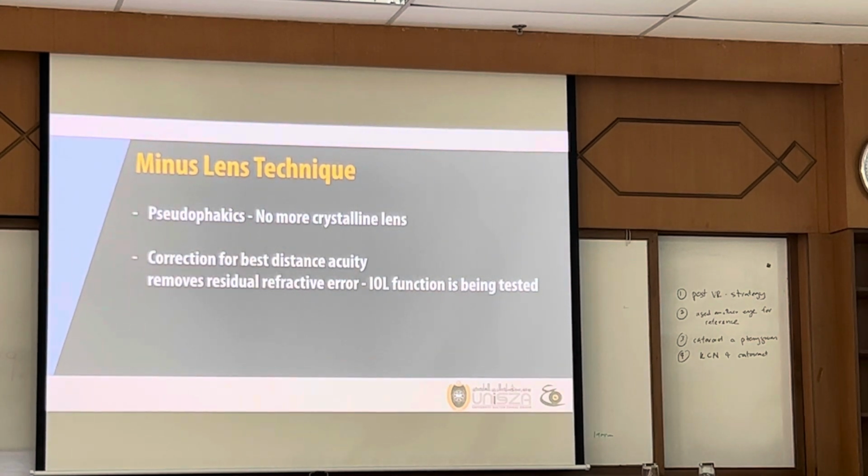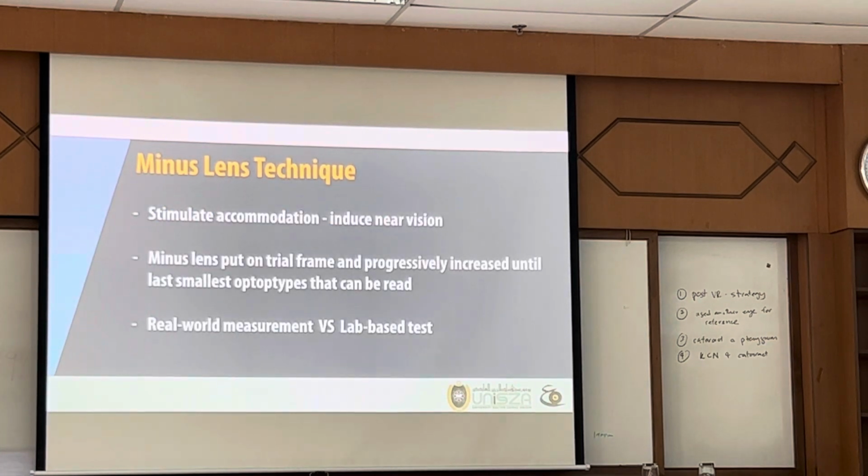To do that, you have to do a full correction first to the eye. You have to correct the residual refractive power of the eye first. Then only can you test the properties of the IOL. So minus lens is put on the trial frame progressively at different powers until the smallest optotype in the Snellen chart can be read.